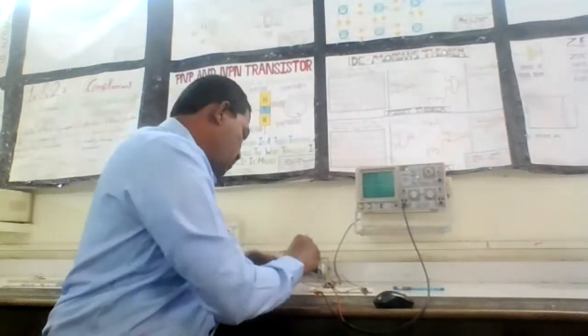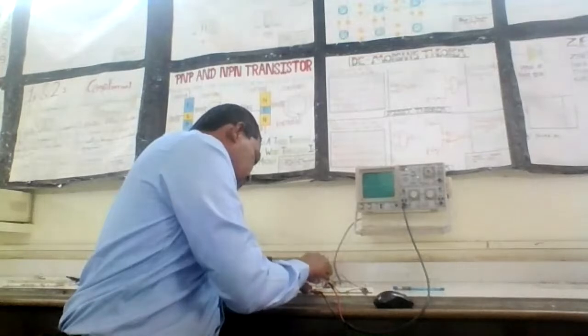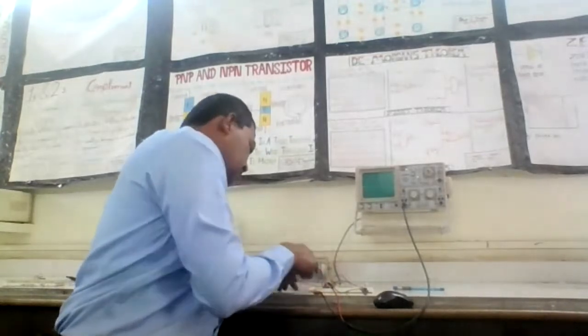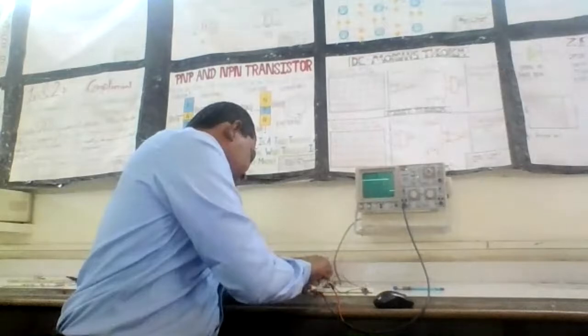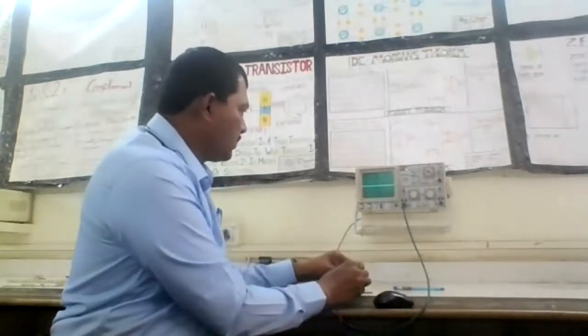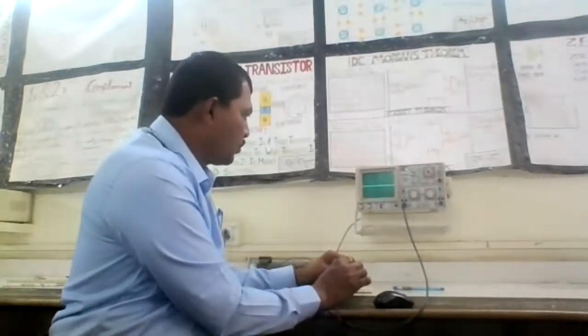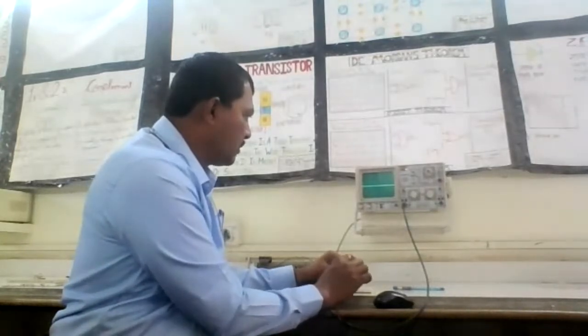Okay, we have to connect ground also. We have missed the ground. So I'm connecting it to the ground terminal of the breadboard. Yeah, so I've connected it to ground. Now we'll just vary this and we'll try to get the sine wave.